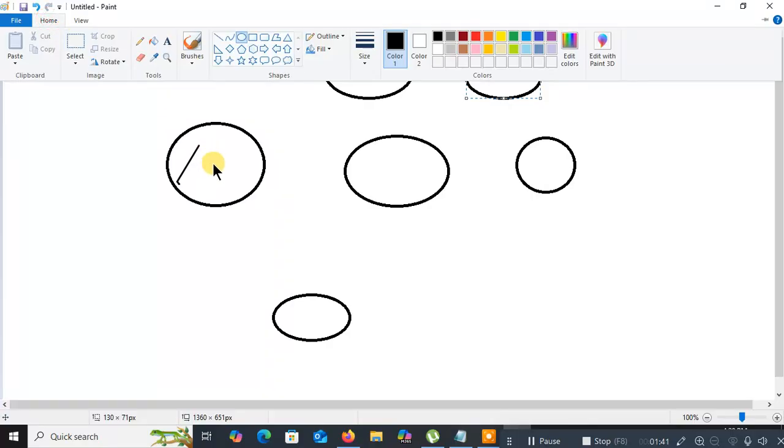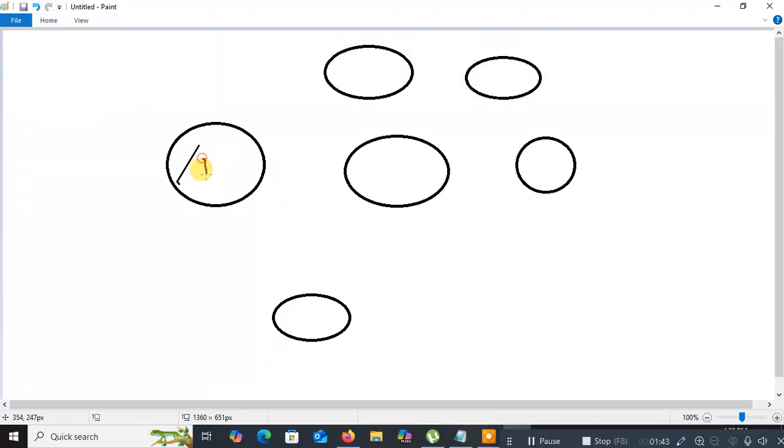This is router 1, R1, this is R2, this is R3, this is R4, this is R5 and this is R6. These are the routers.